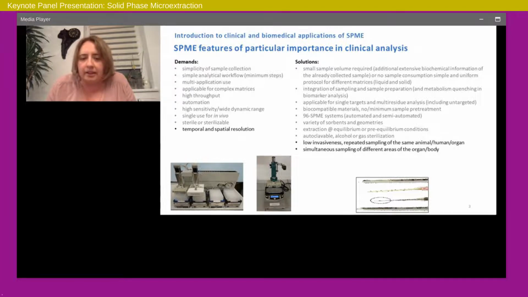So we can easily repeat sampling of the same animal or of the same organ a number of times. Of course, at the same time, we can do a number of extractions. So, for example, we can have the same time point of extraction and simultaneous sampling of different areas of the body.